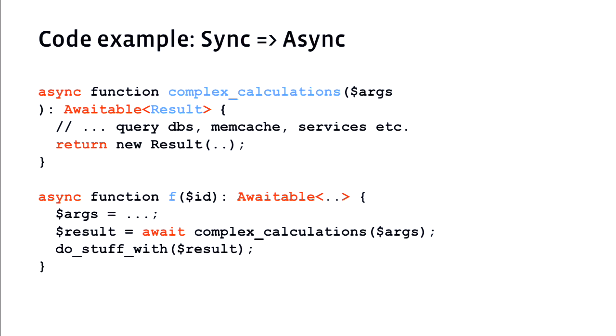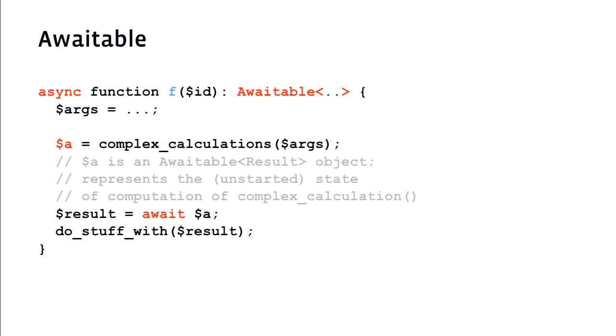It has an async declaration. And when it calls into the complex calculations, it in turn says, OK, I'm awaiting the result of these complex calculations. And when those are done, I'll have a result, and I'll continue to do stuff with it. So far, pretty similar.